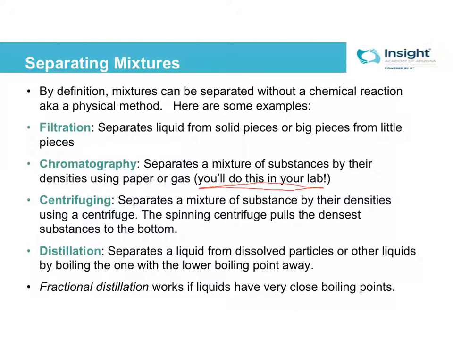You can get that one left behind. So distillation just in general is separating liquids via different boiling points. Sometimes you have two liquids that have really, really close boiling points, and then you have to use a special process called fractional distillation, which just has a different apparatus that makes it easier to separate things with similar boiling points.